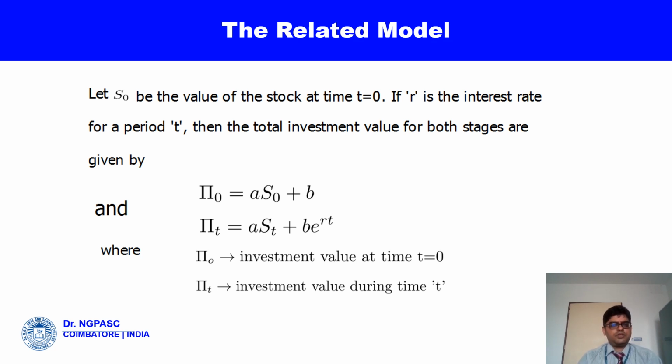Whereas in case of shares, it depends upon the price of the stock at the time t. Hence, πₜ is expressed as a·Sₜ plus B·e^(rt). From that, we have to derive the model.